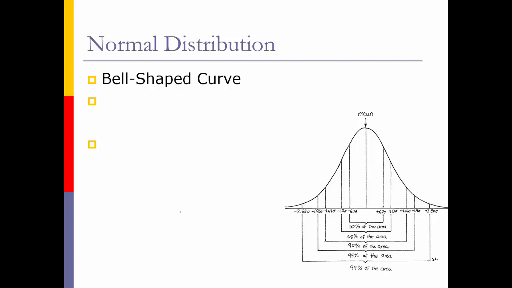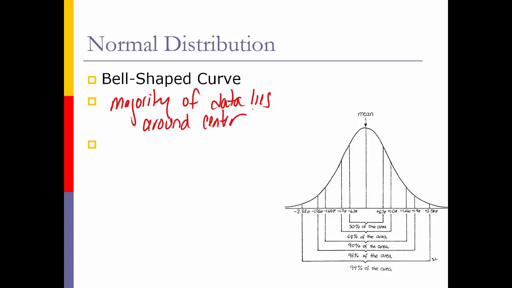So here we've got the traditional bell-shaped curve, where we have the vast majority of the data will essentially lie around the center of the distribution. And then as scores deviate from that center or the mean, the frequencies decrease.